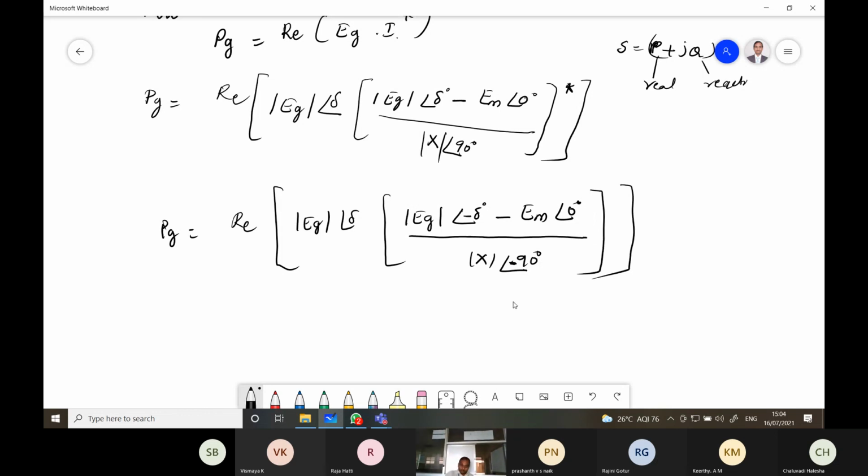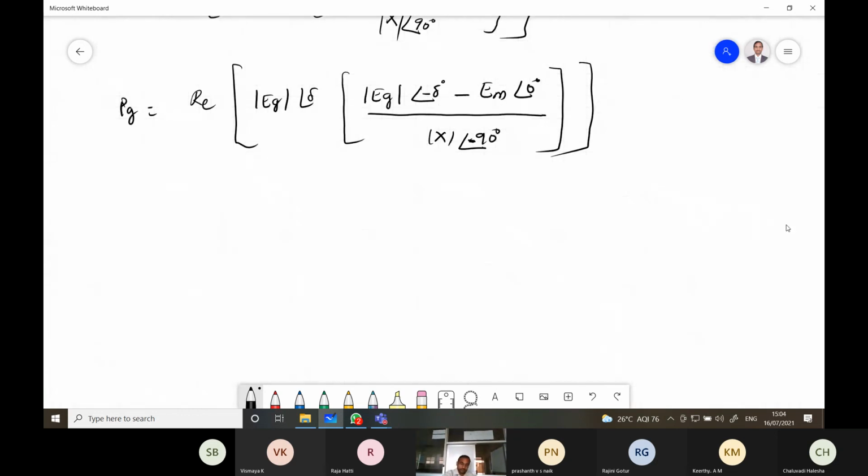Okay, so now we can write it as EG multiplied by these terms, EG at an angle delta and EG at an angle minus delta. When you multiply these two, you get EG square; delta and minus delta get cancelled when you are adding the angles, giving 0.